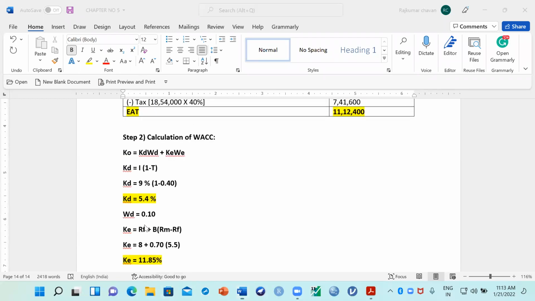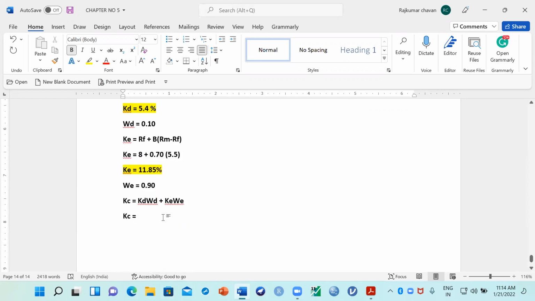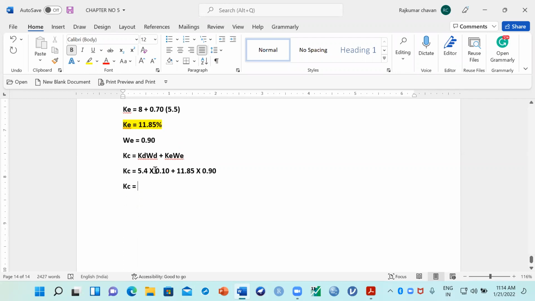So the cost of debt was 5.4 into what is the weight of debt? 0.1 plus cost of equity is how much? 11.85 into what is the weight of equity? It is 0.90. So the overall WACC of this company is how much? Can you calculate and tell me? What is the total cost of capital?